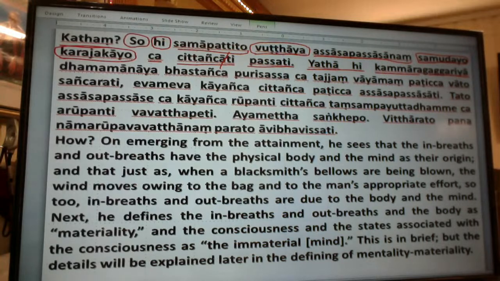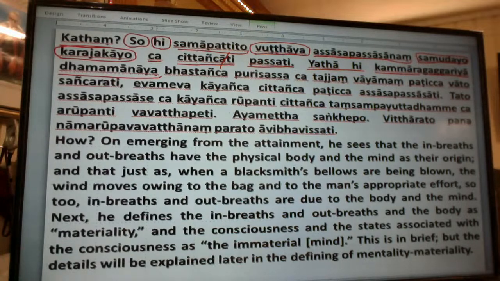Okay. So Kamara Kakriya, the blacksmith's bellows, Dhammamanaya. Dhammamana is blowing. Dhammamanaya means blowing, because the air is blowing continuously, isn't it? We need it because of the fire power.